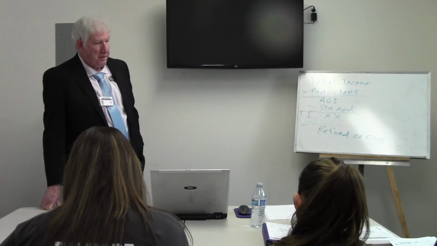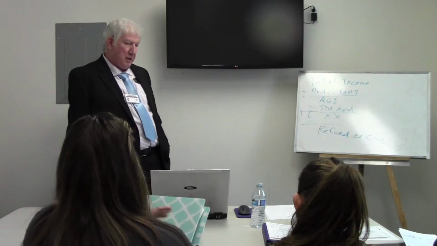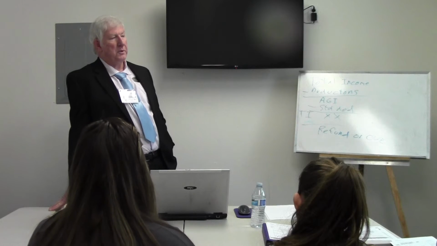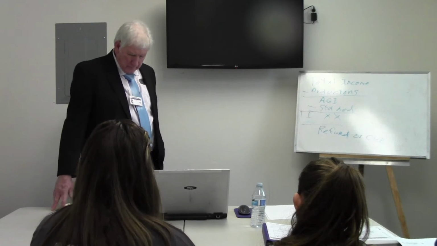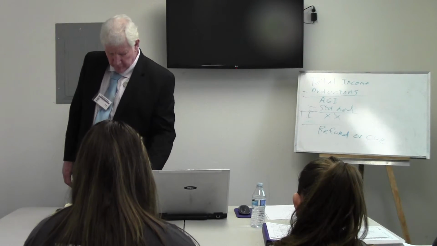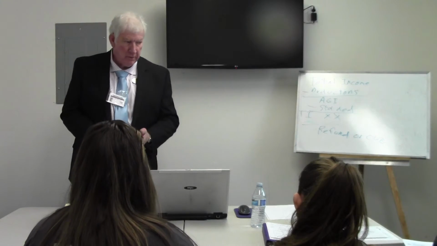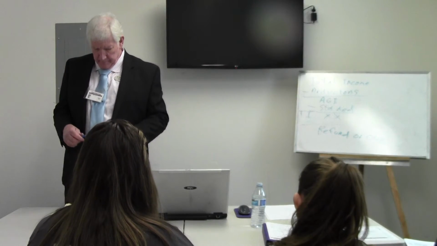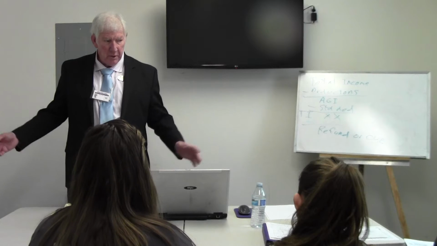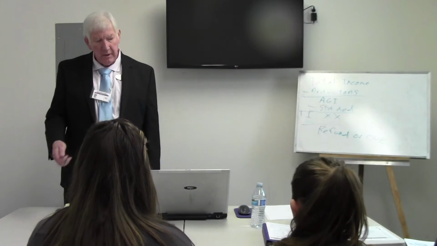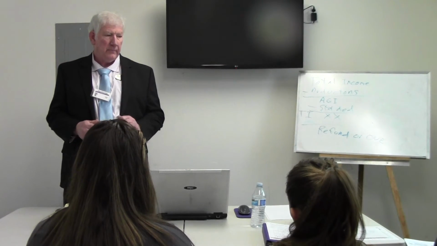That leaves $2,100. So you're gonna pay taxes on that $4,000, but you're gonna net $2,100 out of it. So this is very important to know. When you guys start college, you wanna make sure that you come and talk to me, your parents come and talk to me, to make sure you're getting the credit that you're supposed to get.